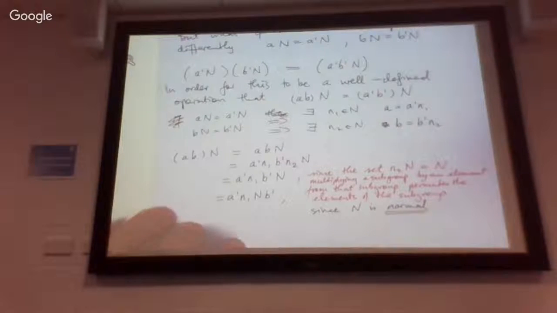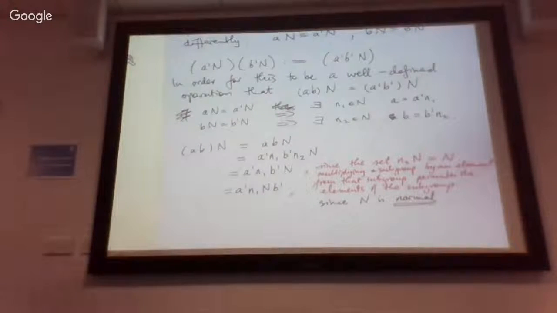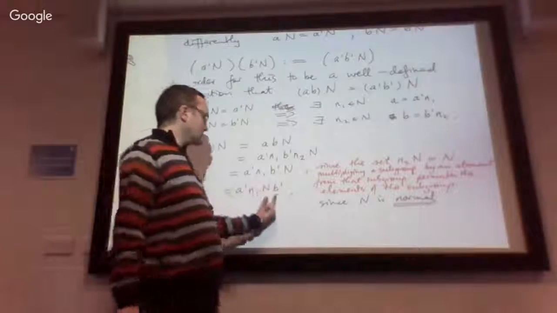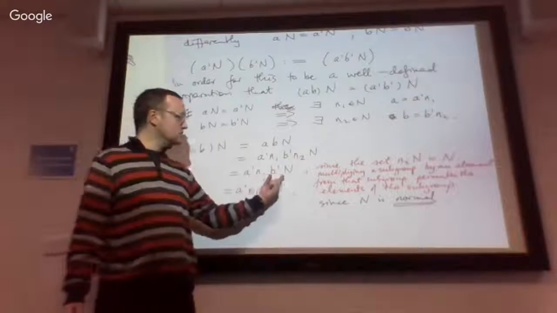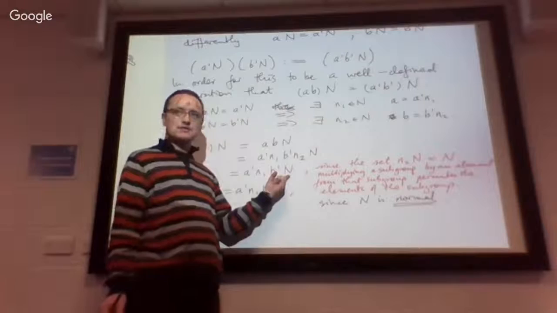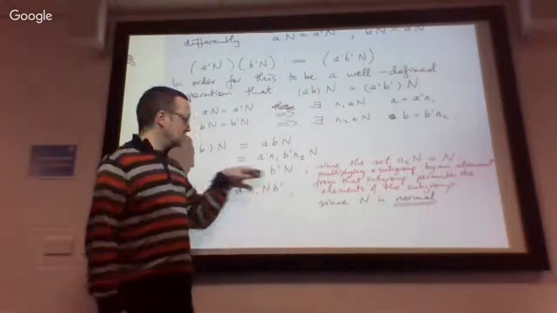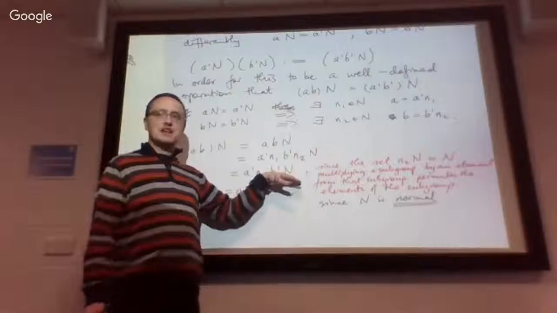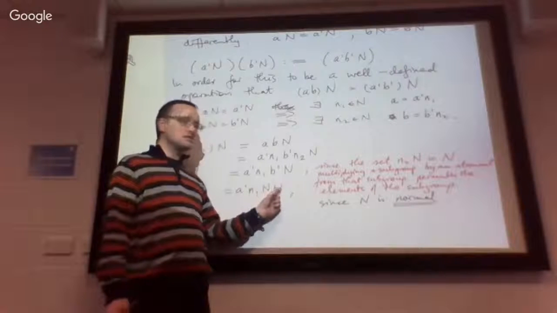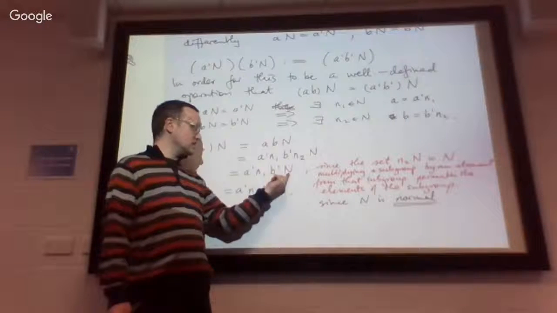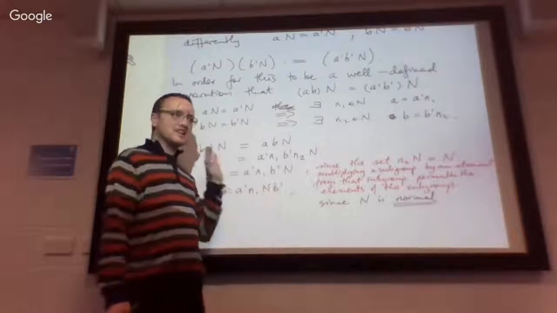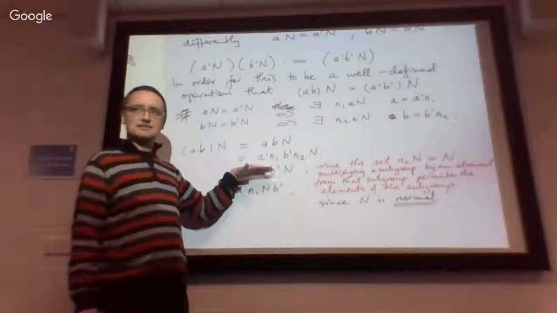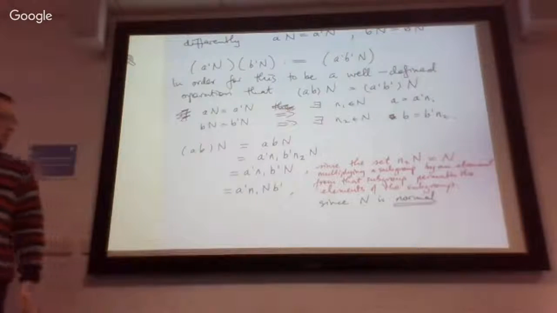If n wasn't normal, this proof wouldn't work. Now remember, I'm not saying that b prime commutes with these individual elements. If you look at the individual products that are elements of this set, I've changed the elements because I've changed the order of multiplication here. But on a set level, it's the same set because of normality.